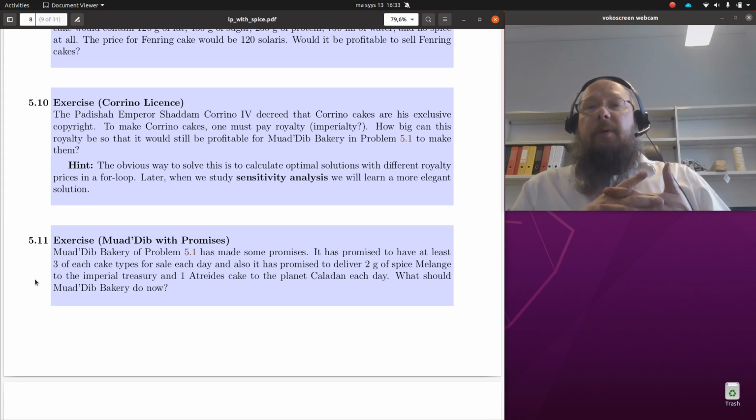So now we have the original problem with, it seems, a lot more constraints. So what should Muad'Dib bakery do? To solve exercise 5.11, what do you do? You model it first as an LP, and once it's modeled as an LP, you solve it with GLPK.